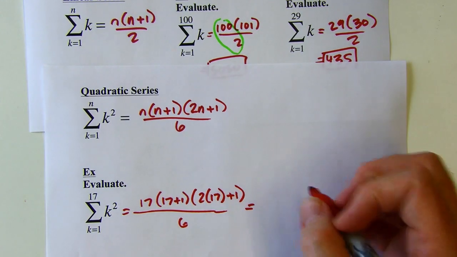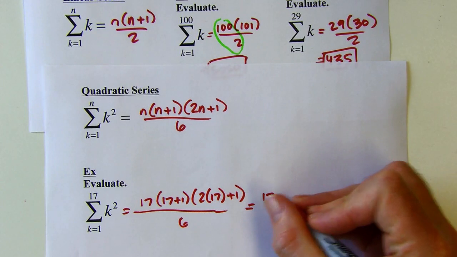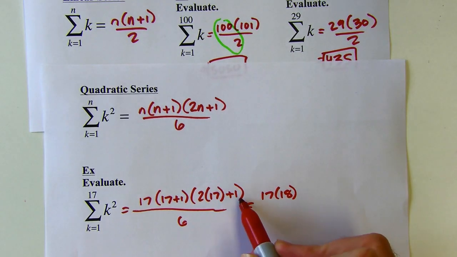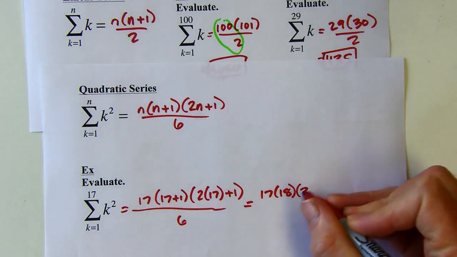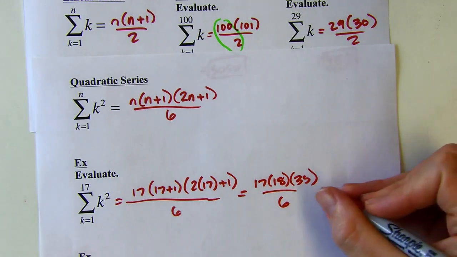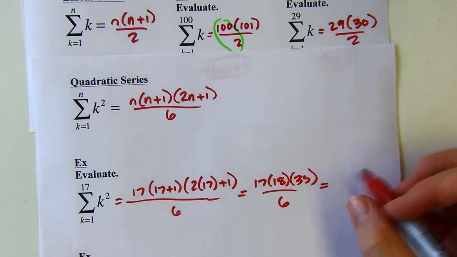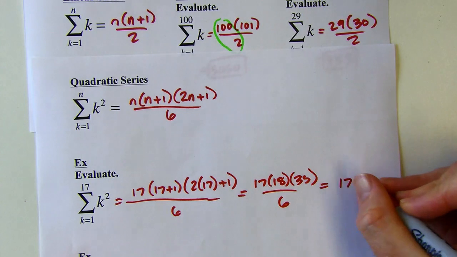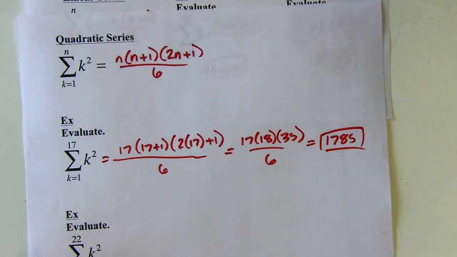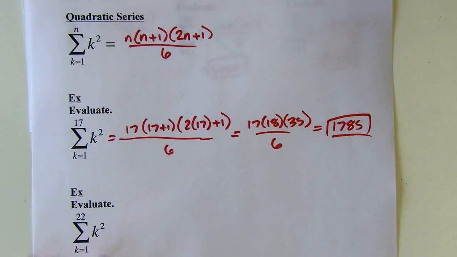So let's start simplifying this. Okay, 2 times 17 is 34, plus another 1 is 35. Okay, and if you multiply on top and then divide by 6, it's going to put you at 1785, a lot quicker than finding the value of all of the terms, expanding the whole thing, and then adding everything up.